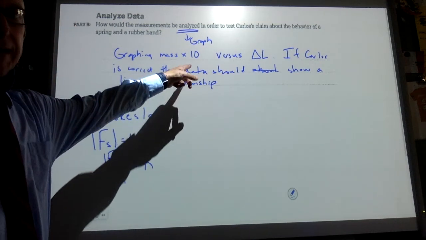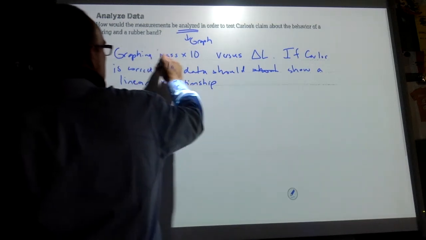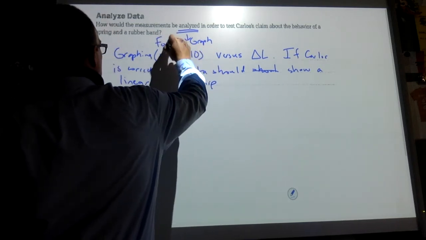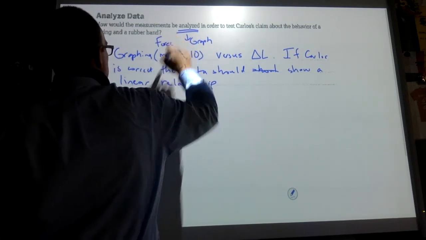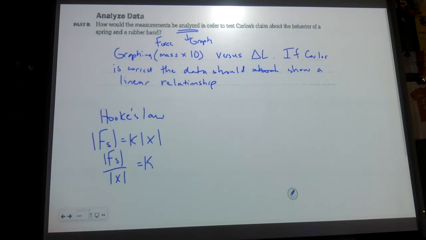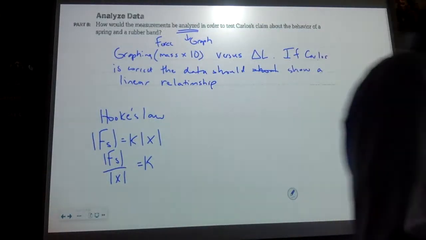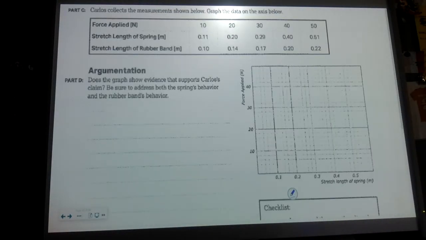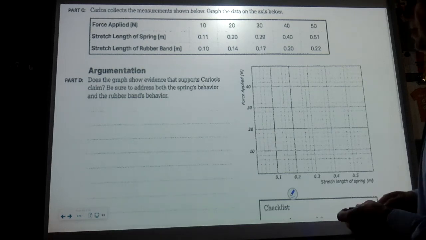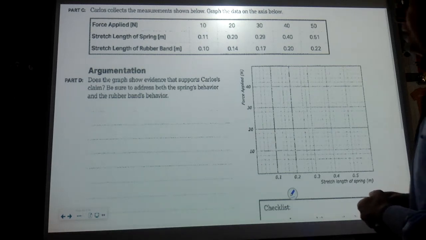Now, why did I multiply this by 10? I want this to be a force. And x is our stretch length. Carlos collects the measurements shown below. Graph the data on the axis below.